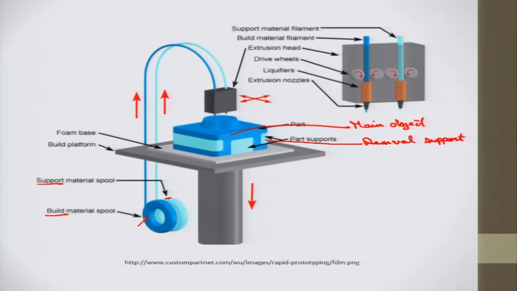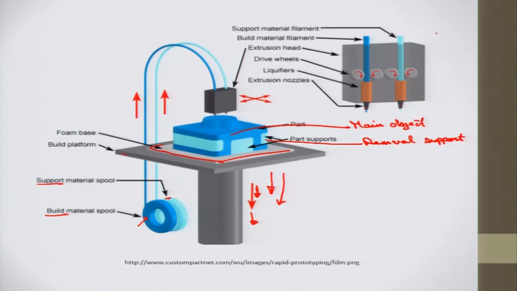So these spools are provided here, and these extrusion nozzles are there that are supplying the material to my platform here, that is my workplace. Then a foam base is always there, and the build platform can move up and down here. While fabricating, the build platform moves down layer by layer.